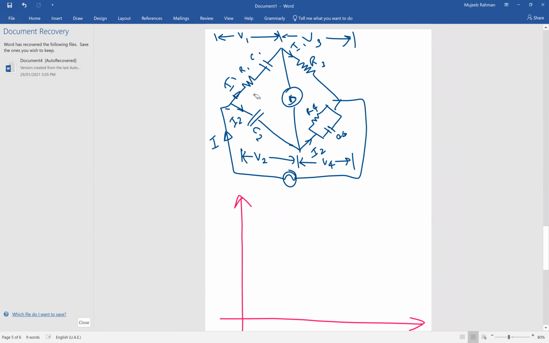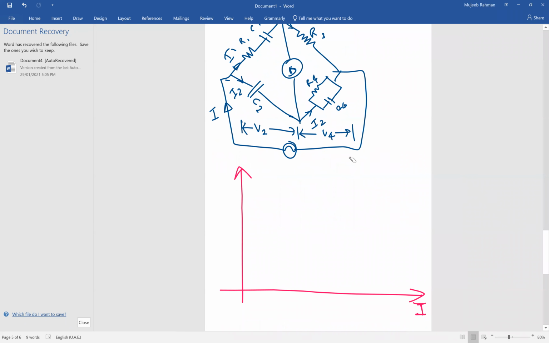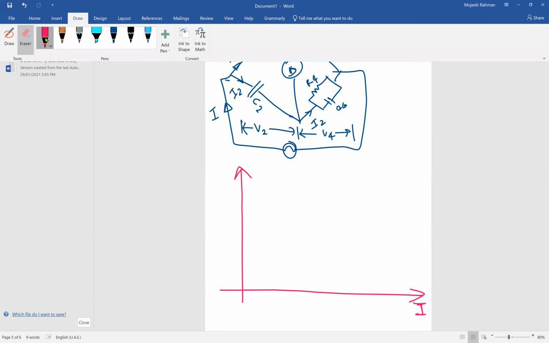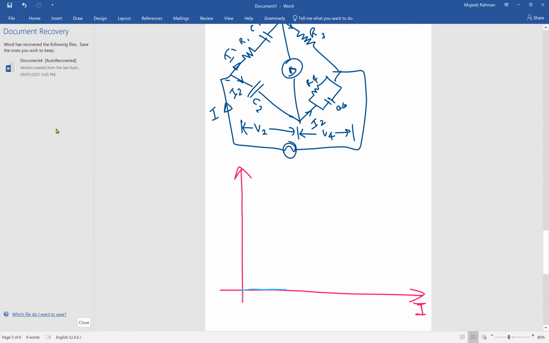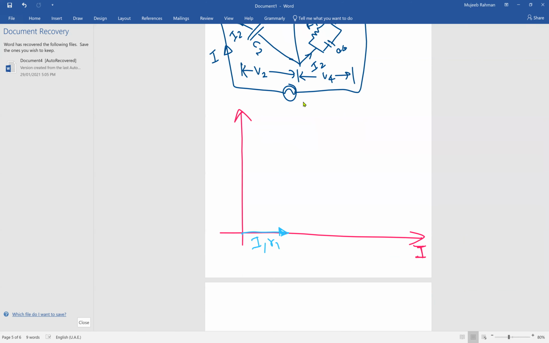The voltage across the resistor is going to be the in phase component, which can be marked as follows. We can assume that this is equal to I1 multiplied by R1.